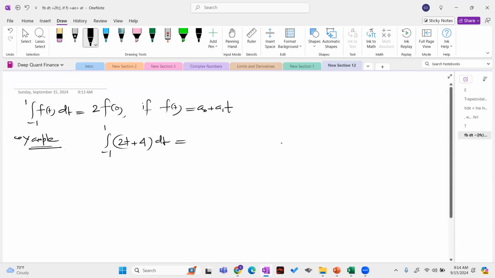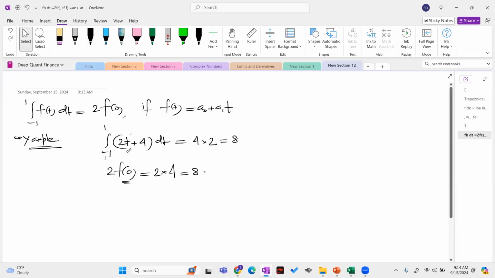What is the integration of this? Remember, the odd part will vanish, right? So we only have the even part, 4 times 2, which is 8. This is the integral. Let's apply our shortcut, 2 times the value of the function at 0, which is 4 times 2, 8. Matches? Exactly matches?